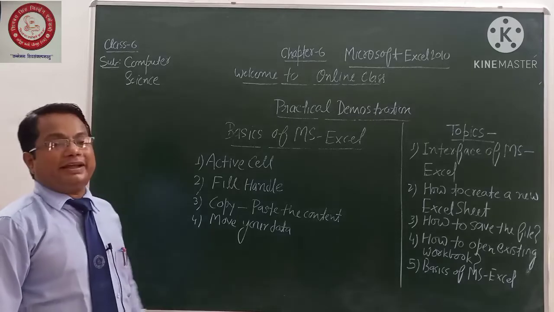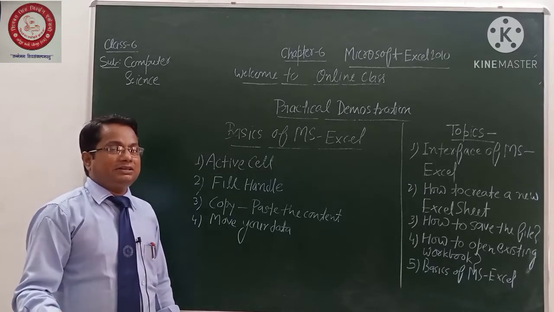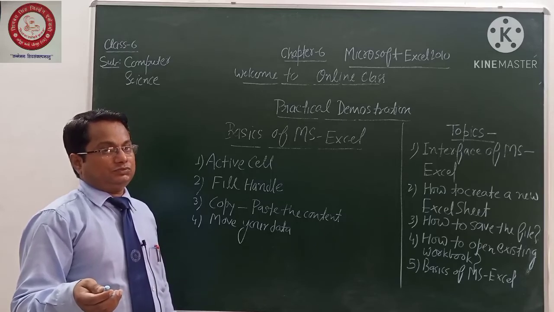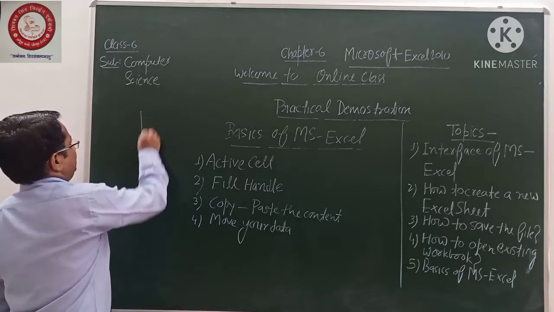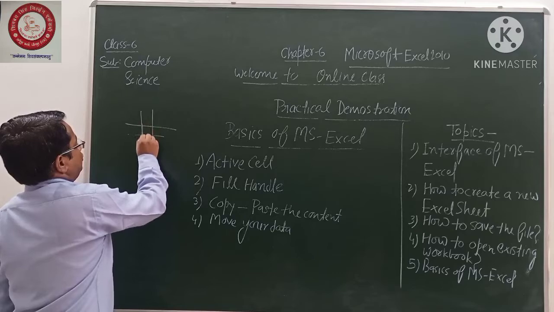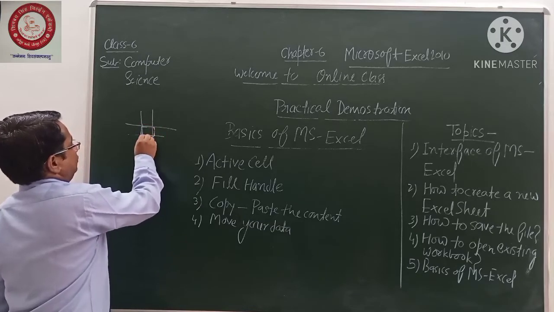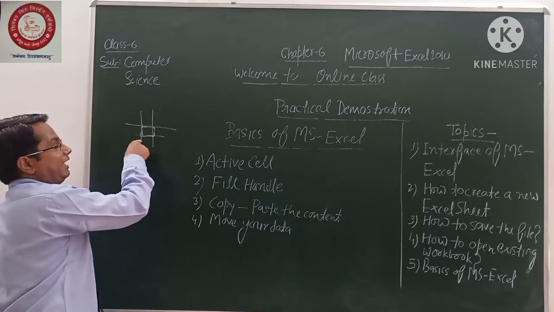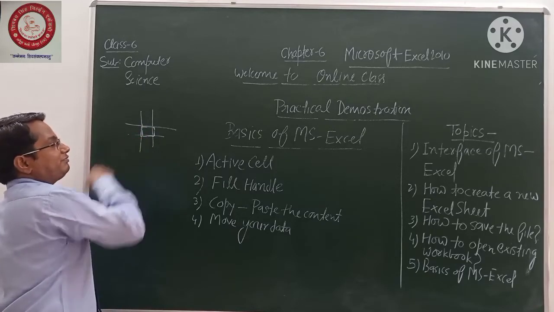The active cell is nothing but the cell where you are working. This is your Excel sheet and you are working in this cell. Once you click on it, a black boundary appears, which means you have selected it.